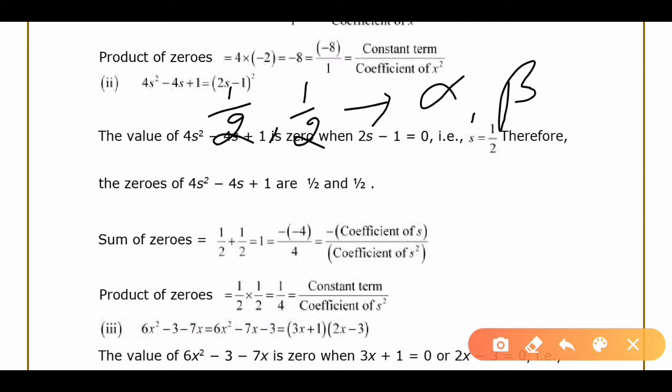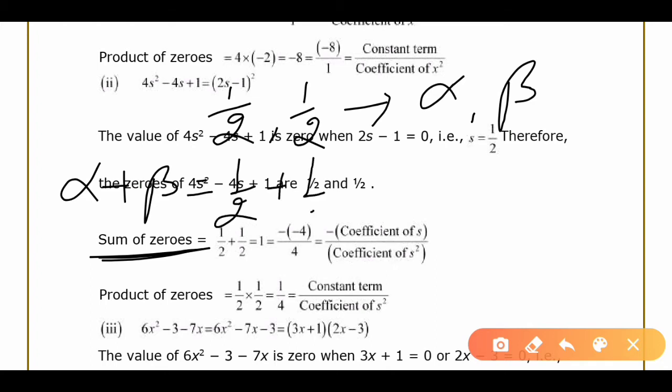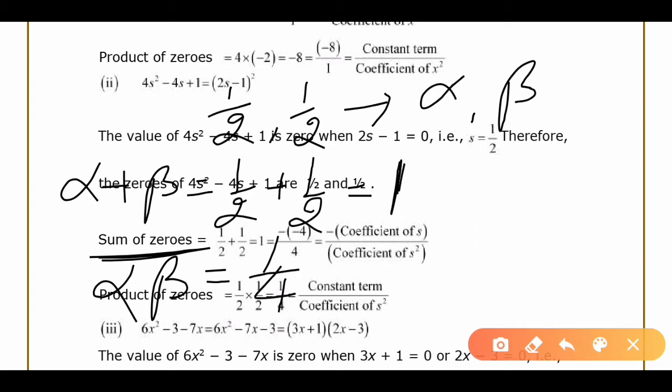In this case we'll check the sum of the zeros. The sum of the zeros is alpha plus beta, half plus half, which equals 1. And the product of the zeros will be 1 by 4, since 1 by 2 into 1 by 2 is 1 by 4.